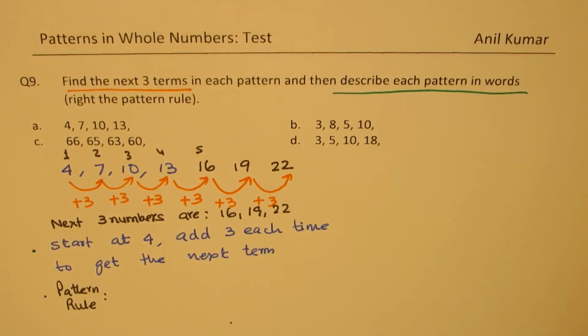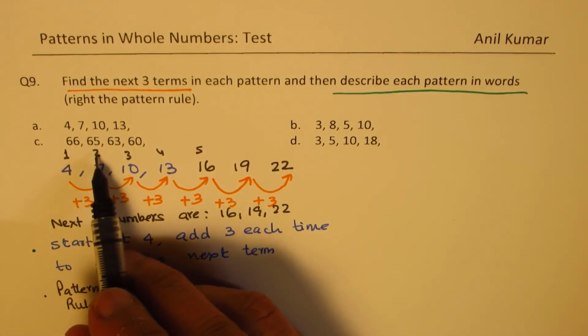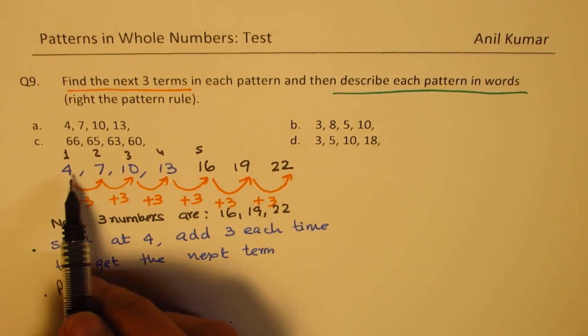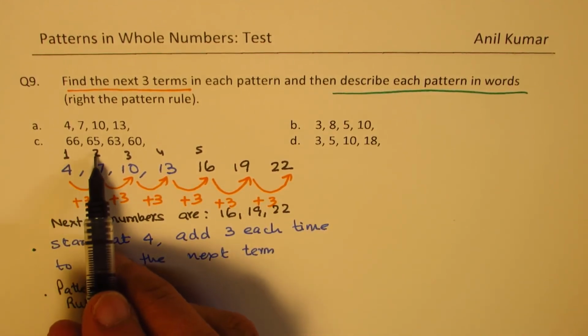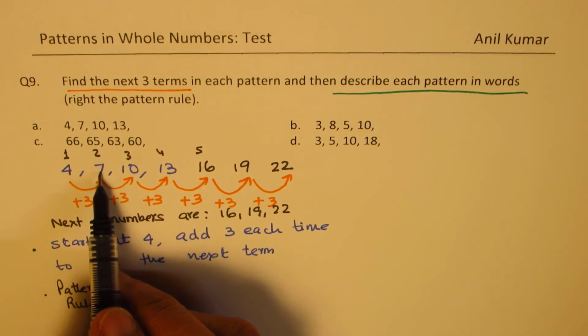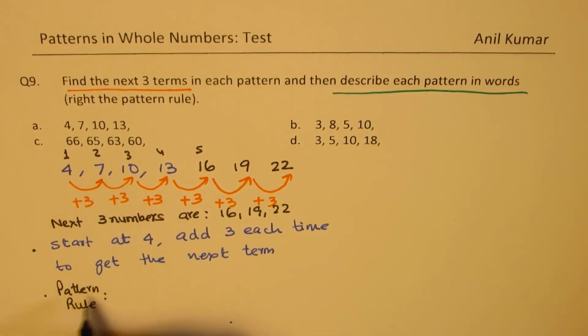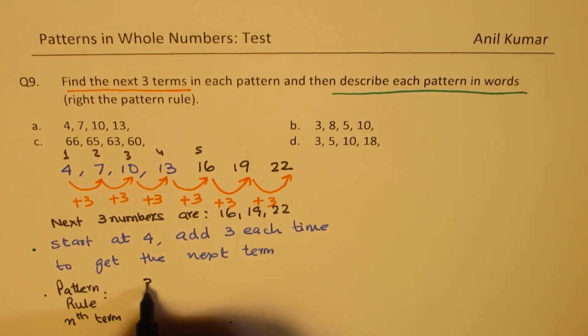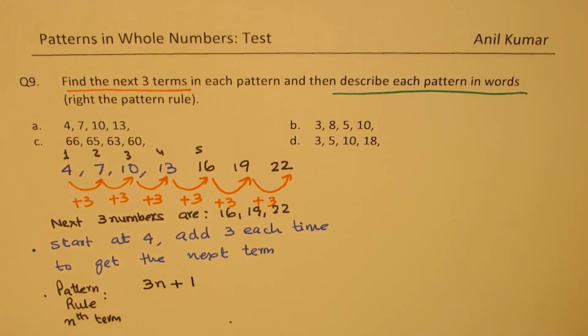So you have to multiply by 3 times 2 to get this number, right? So what we notice here is that when I do 3 times 2, I get 6, not 7. How do I get 7? I get 7 by adding 1, right? So pattern rule for nth term, we say, is 3n plus 1.